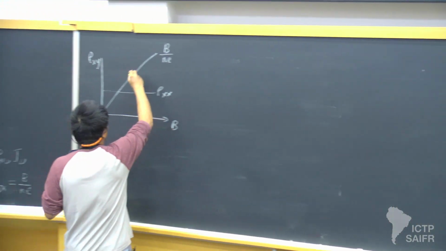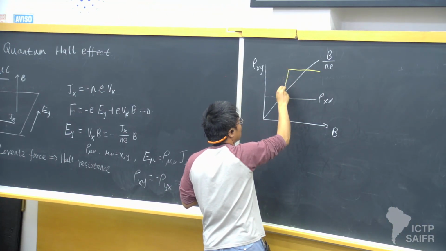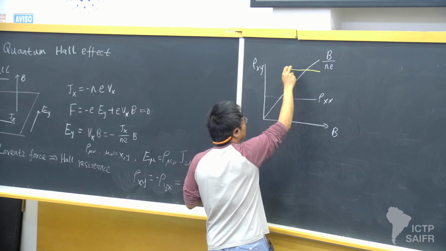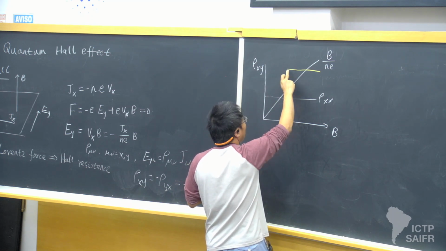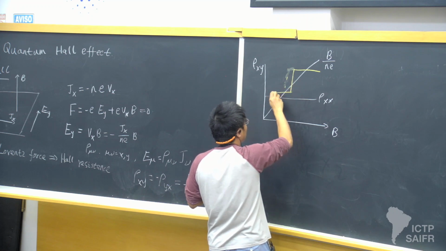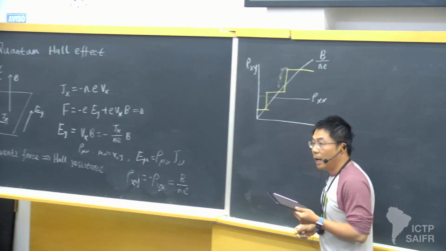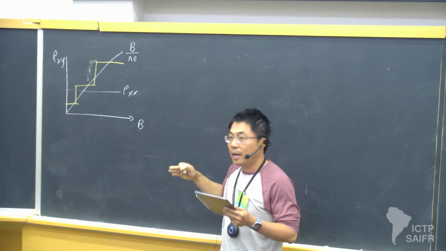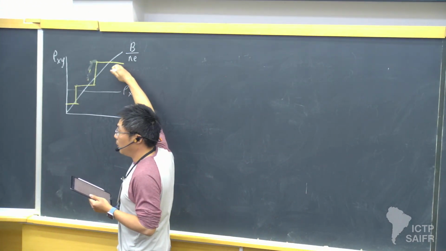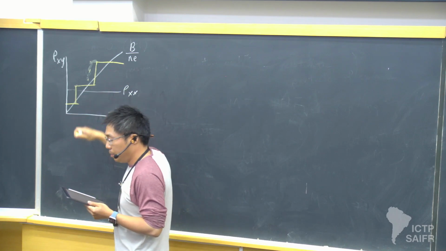So you will see that my Hall resistivity starts to form a pattern like this. I will call these the quantized plateaus of the Hall resistivity rho xy, and there are multiple plateaus.